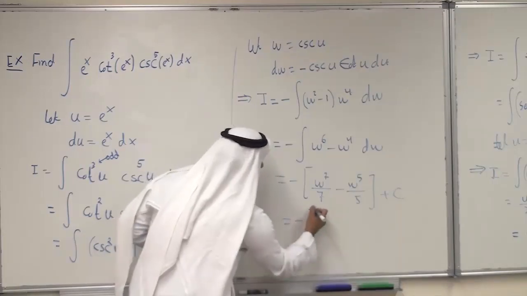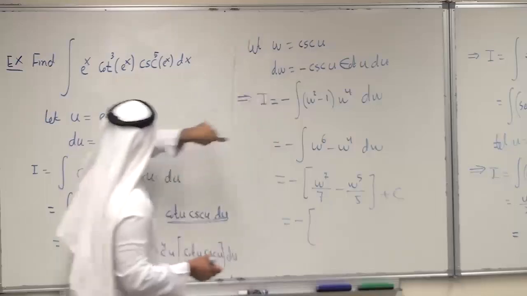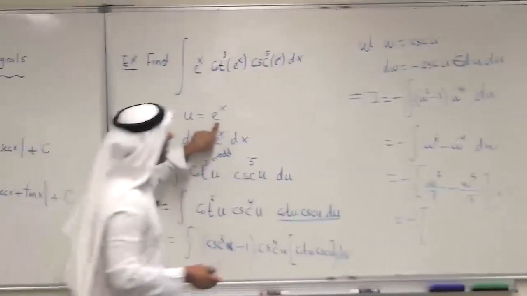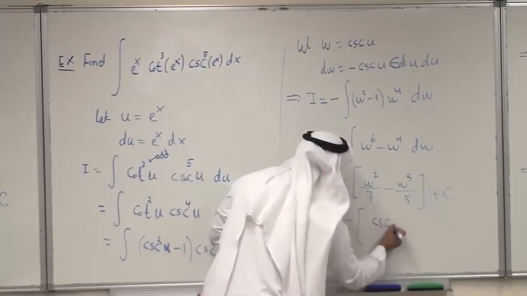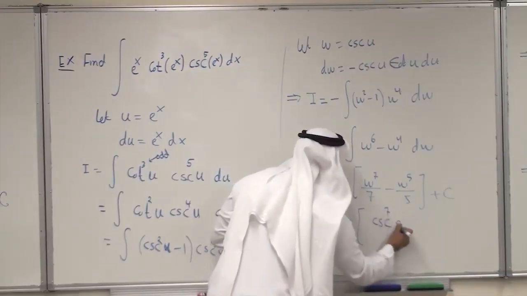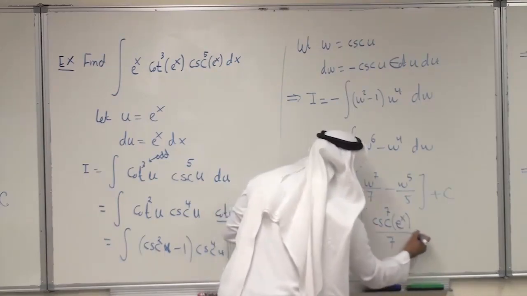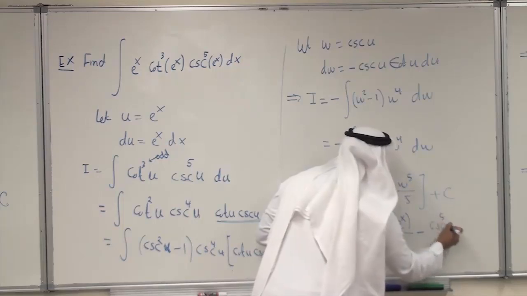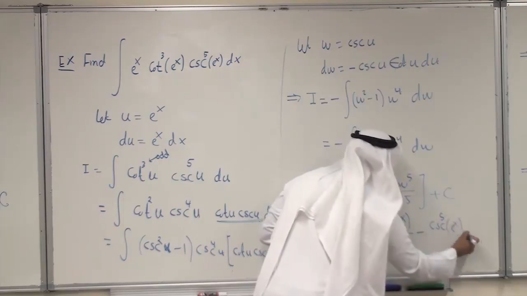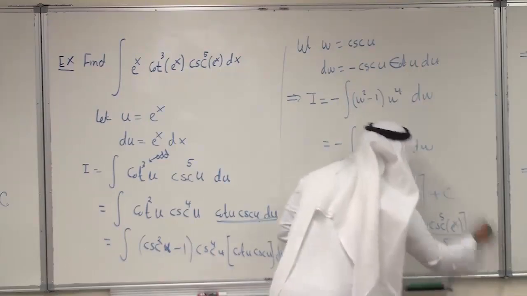Finally, I substitute back for w, which is cosecant of u, and then u by e to the x. So at the end of the day, I get cosecant to the power 7 of e to the x all over 7 minus cosecant to the power 5 of e to the x all over 5, all of this plus a constant of integration.